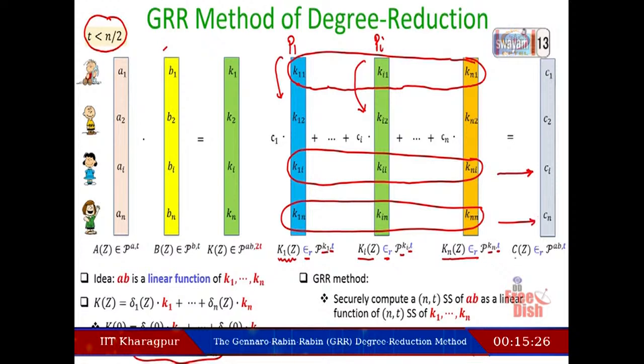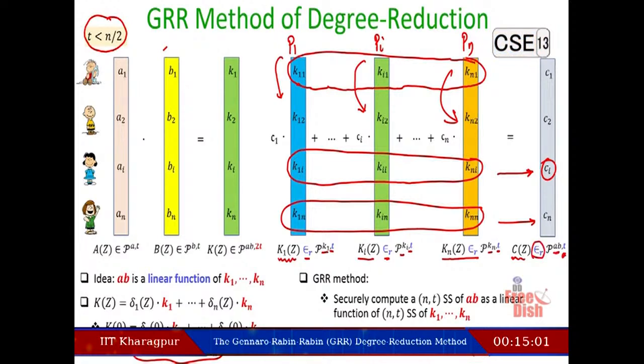And the claim is now that this vector of c values, which the parties now have collectively with the ith party having the ith component, lies on a polynomial c(z) whose constant term is ab and whose degree is t, and it is a random polynomial.